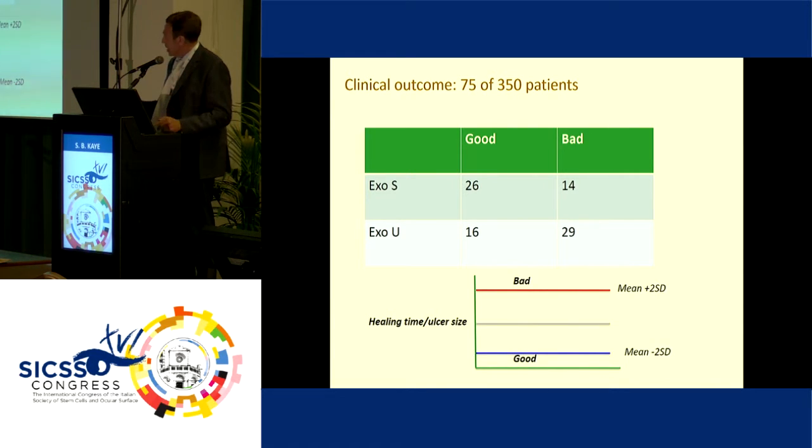Those patients who did more than 2 standard deviations worse than the mean we considered a bad outcome, and those who healed 2 standard deviations faster than the mean healing time we regarded as a good outcome. Patients infected with Pseudomonas that produced exotoxin U had a much worse outcome, or predominated in the bad group rather than the good group. So we know exotoxin U is a cause for a worse outcome.